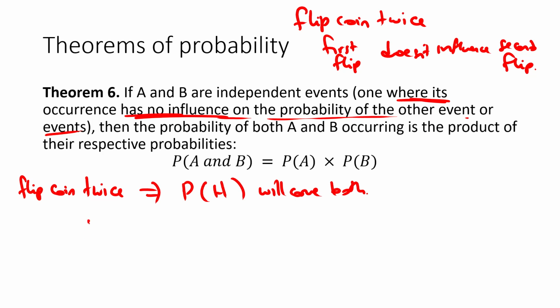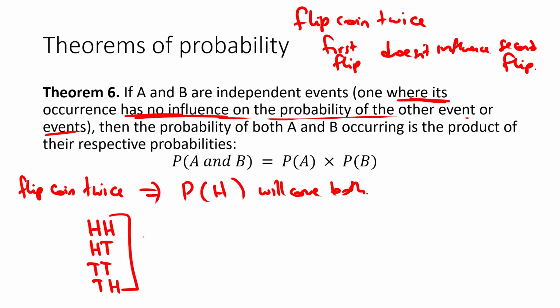I have 4 outcomes. It can be head and head, head and then tail, tail and then tail, and the last option is that the first one is tail and the second one is head.